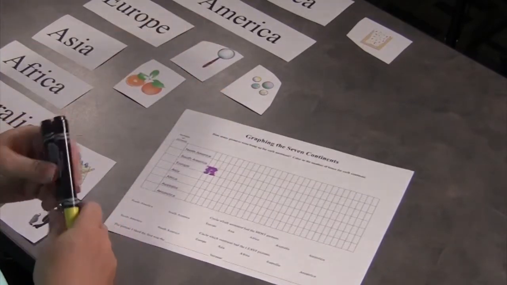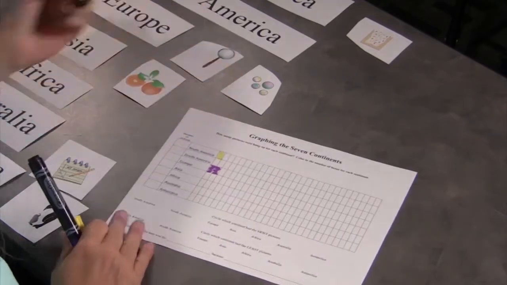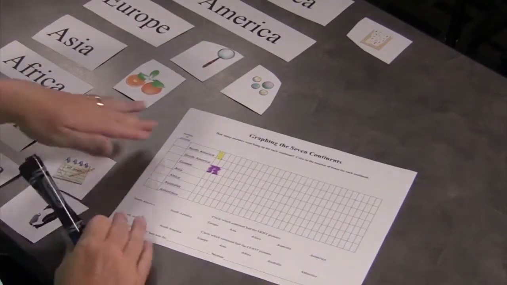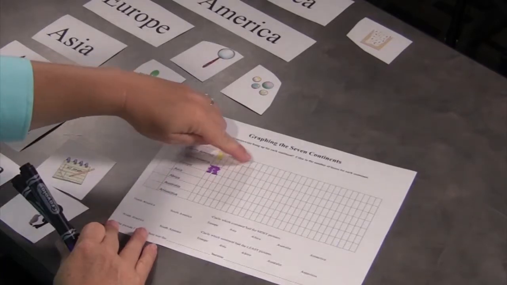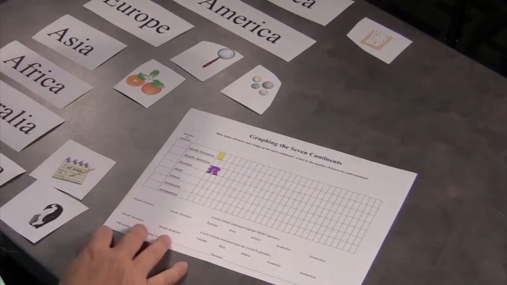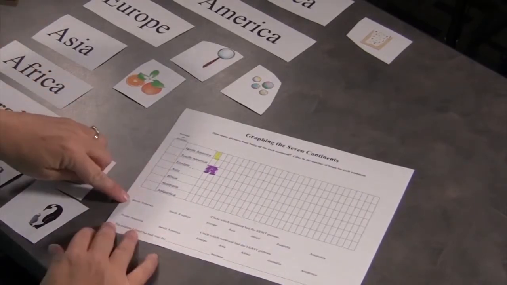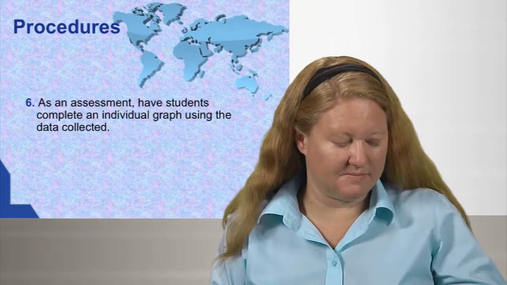North America has 1, so I would color 1 square. As you can see, this creates a visual representation of the images, and it'll be very easy for students to count how many objects for each continent is found. There are some questions about which continent has the most pictures and which continent has the least pictures on their assessment piece.